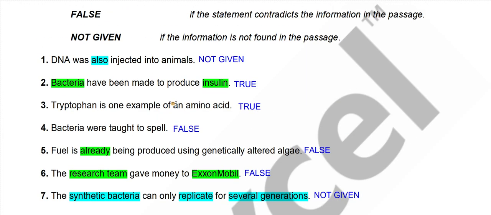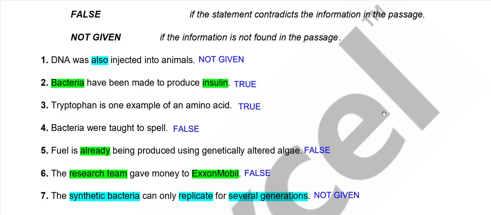One more thing: I have seen many students make this particular mistake. When they see three falses, or three trues, or three not givens in sequence, they think they must have made some mistake, because it cannot happen. But that is not the case, anything can happen.